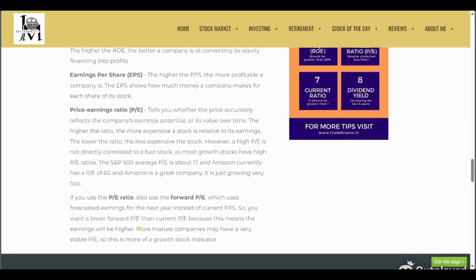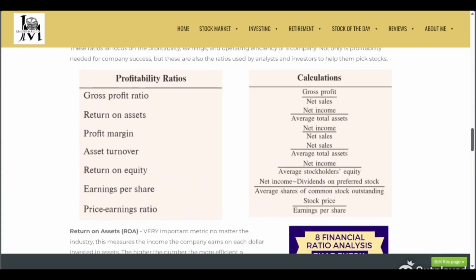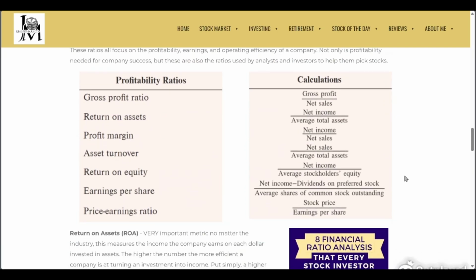Now, if you're using the PE ratio, you also want to use the forward PE ratio. The current PE ratio is found by taking the stock price and dividing it by the earnings per share, and we have that listed up here.